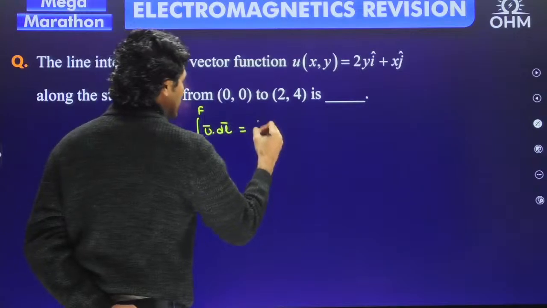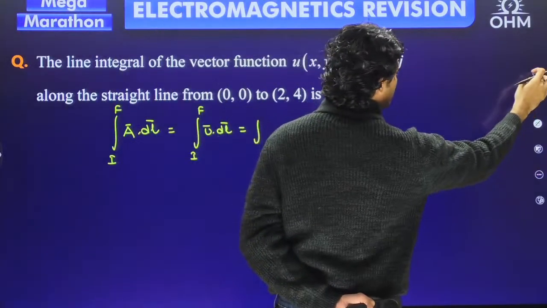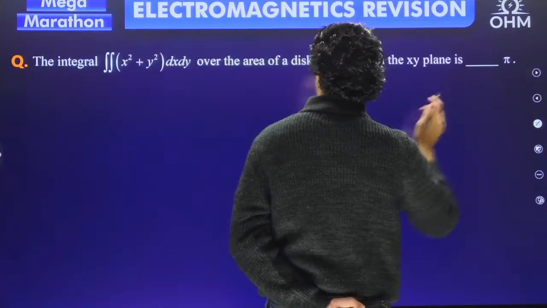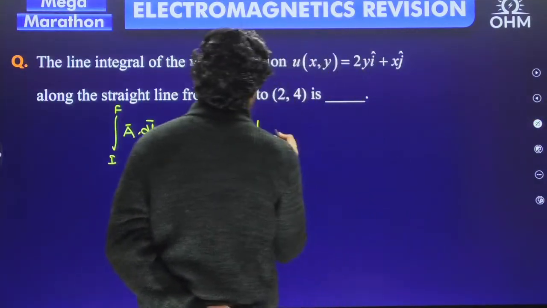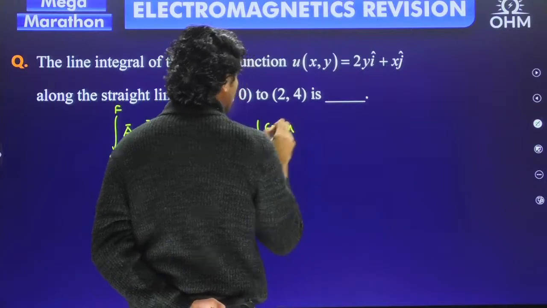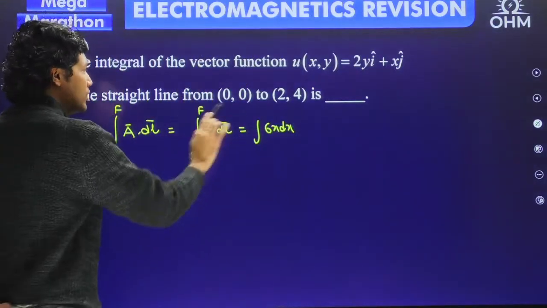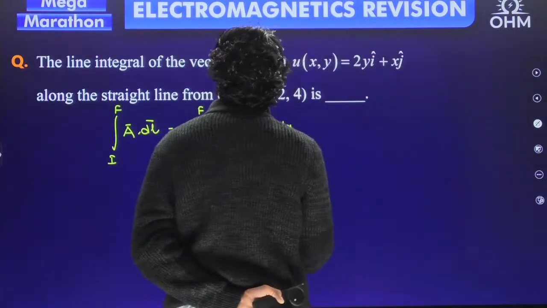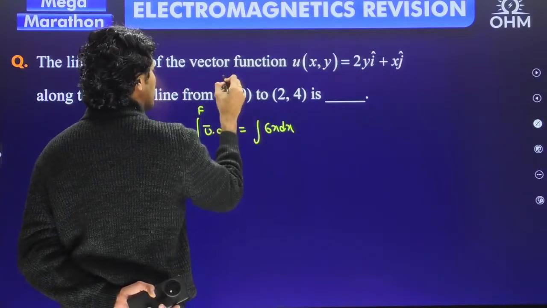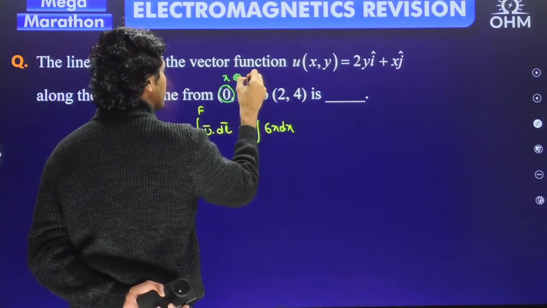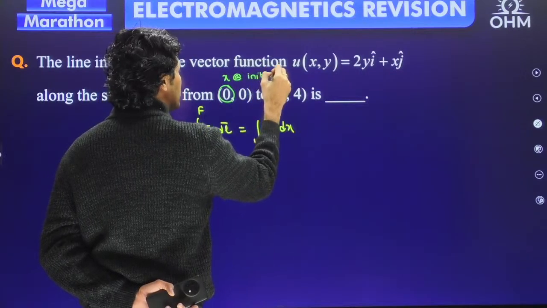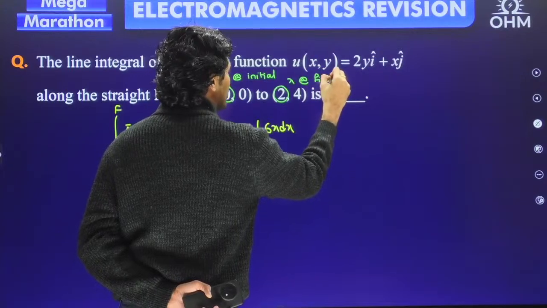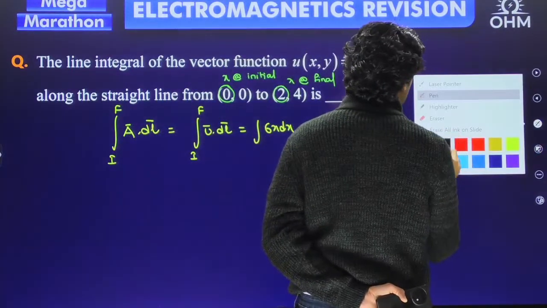What is the integrand now? u dot dl became equal to 6x dx. Now the integration is with respect to x. So at the initial point, what is the value of x? At the final point, what is the value of x? Okay, and now we are done.